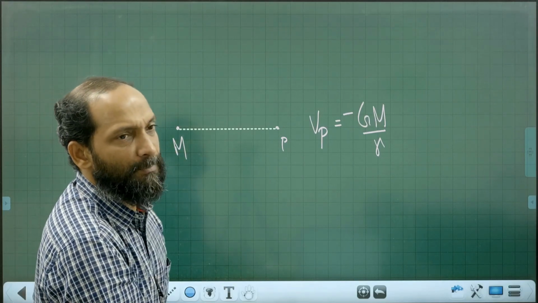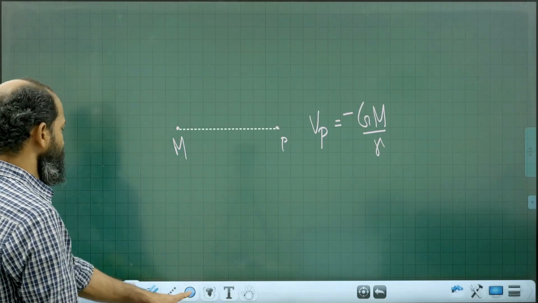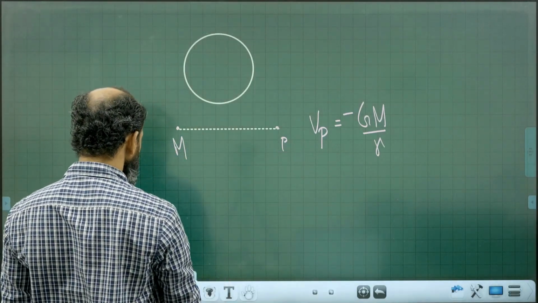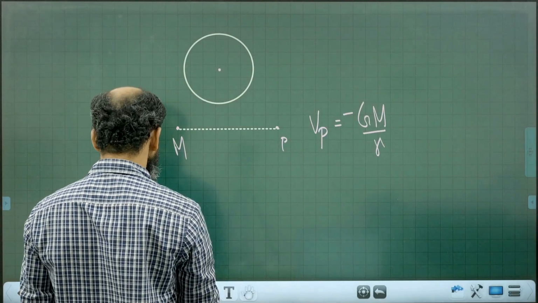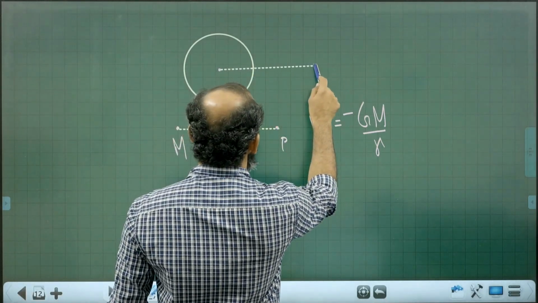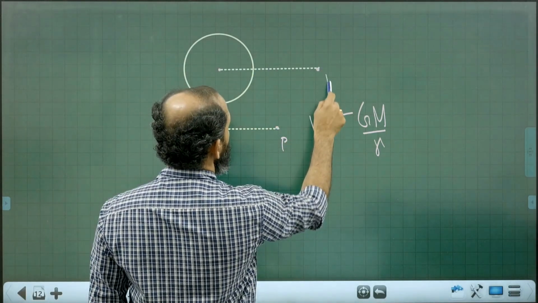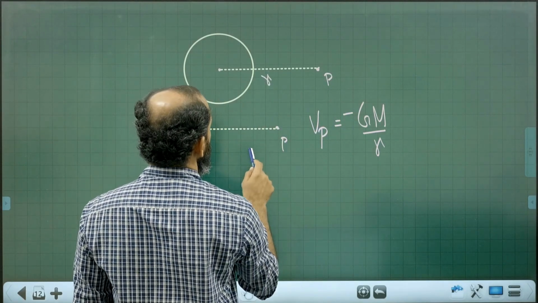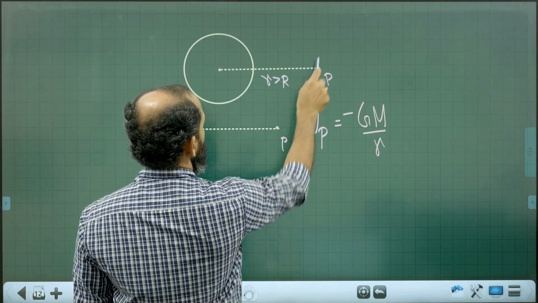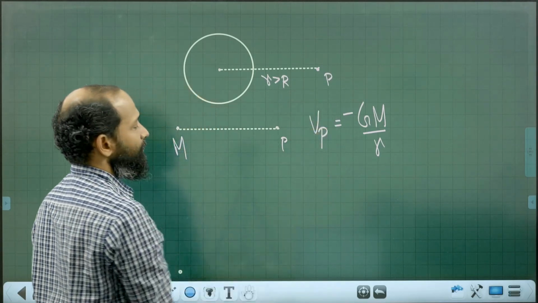Similarly, gravitational potential of a spherical planet, maybe a distributed mass, for any exterior point, distance r greater than R, you can use the same formula.